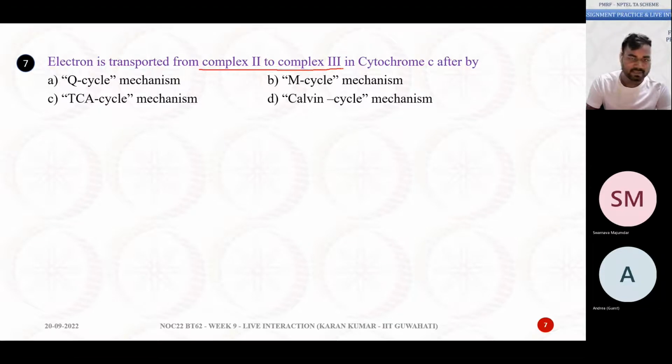Any other answer I can get? What happens in the TCA cycle? Can you recall what happens in the TCA cycle? Can you tell me?